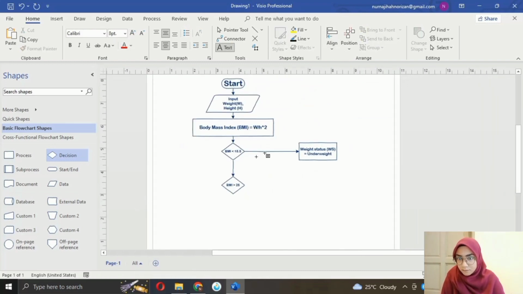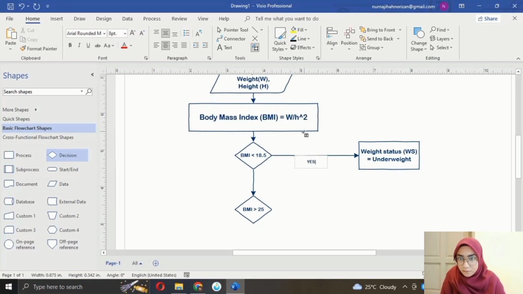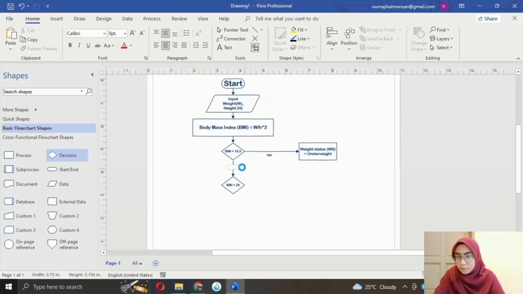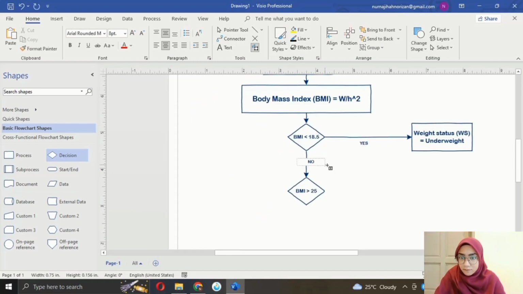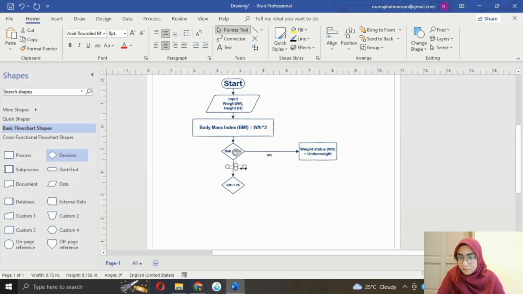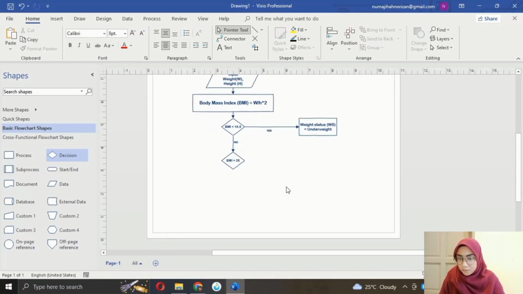So the BMI must be larger than 25. This shows the result is not BMI below 18.5.